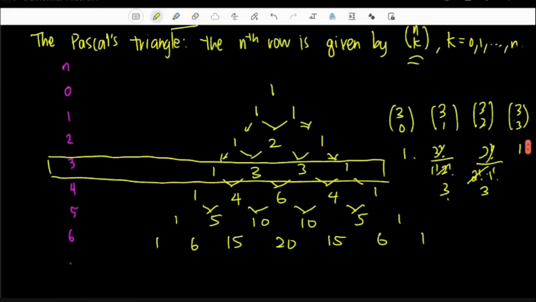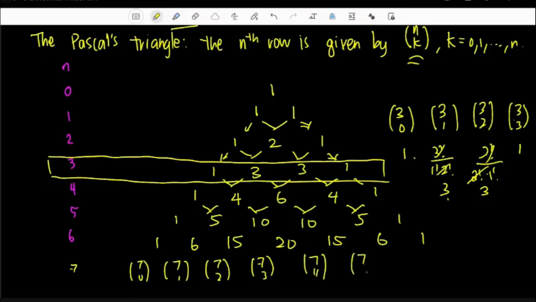So, meaning on n equals 7, you should have the formula 7 taken 0, 7 taken 1, 7 taken 2, 7 taken 3, 7 taken 4, 7 taken 5, 7 taken 6, and 7 taken 7.